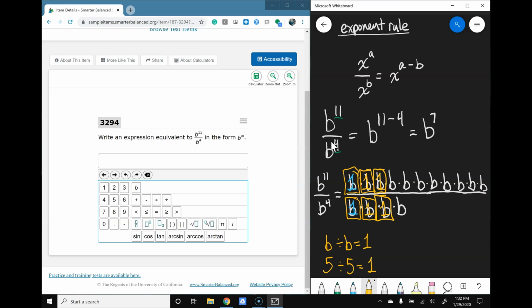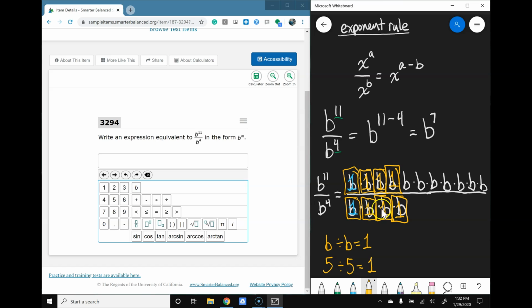They're both 1s. And we can do this one more time, with one more b matching one more b from the denominator, and now those are all just a value of 1.